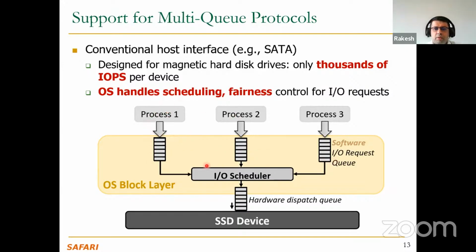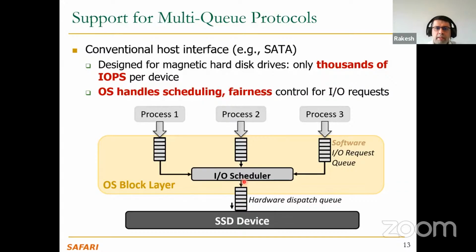If we have multiple cores, we have request queues per core, and there is an I/O scheduler in the operating system which handles the scheduling. It also has to ensure fairness control between the I/O requests of multiple cores, and it puts the requests in a hardware dispatch queue. And the SSD device consumes these requests from the hardware dispatch queue.